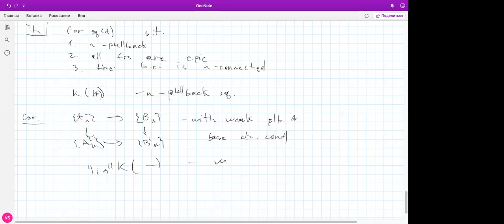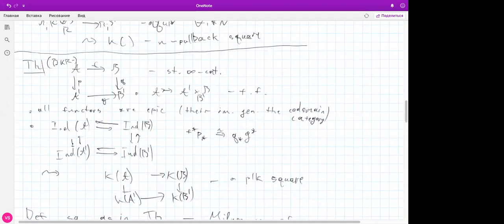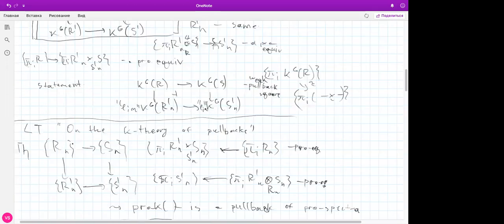Weak pullback square of prospectra. And from this, the last one, sorry for going over time. If you have, yeah, basically from this, you just have this theorem.